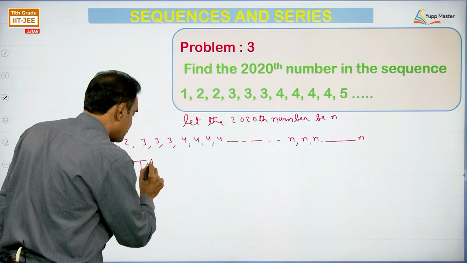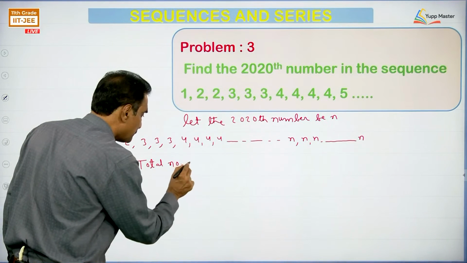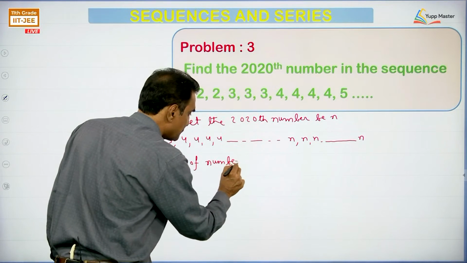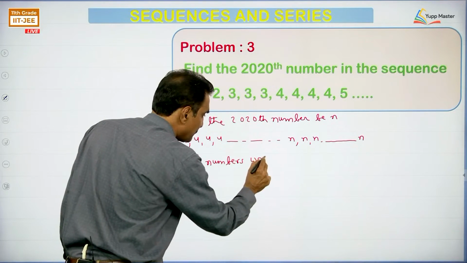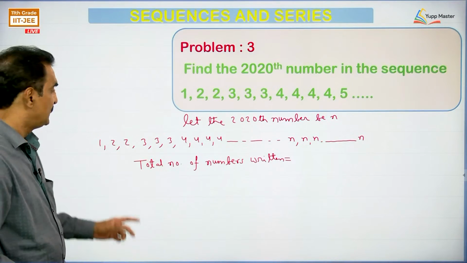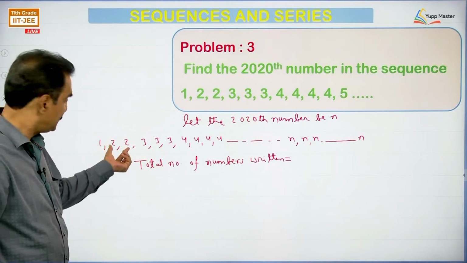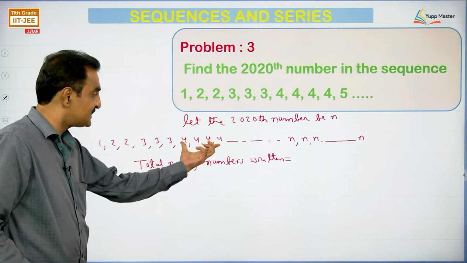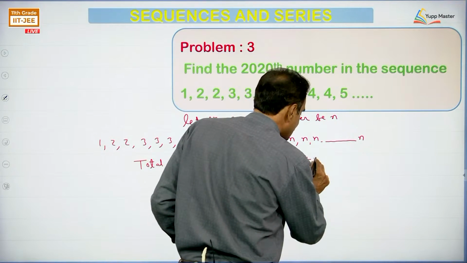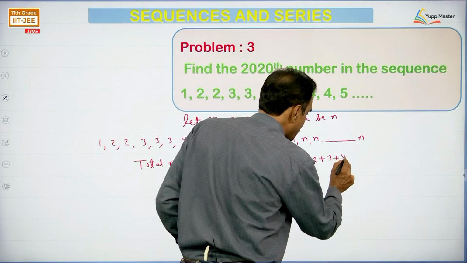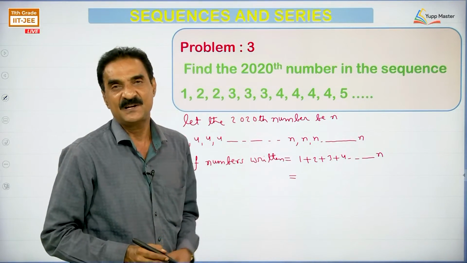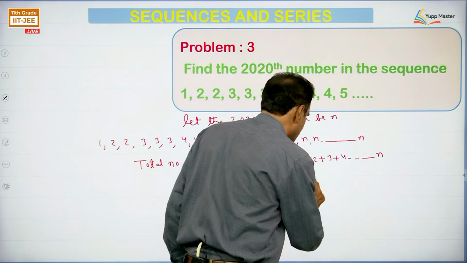Total number of numbers written is equal to 1 plus 2 plus 3 plus 4 plus and so on till n. What is this? Sum of the first n natural numbers, n into n plus 1 by 2.